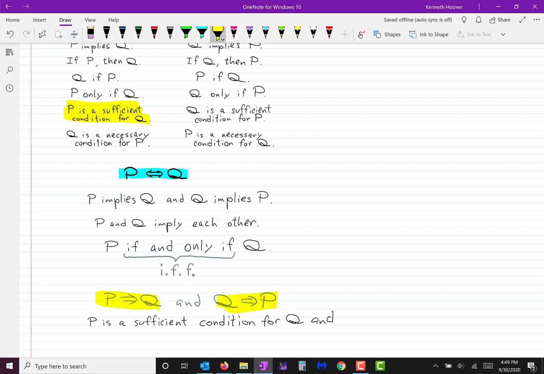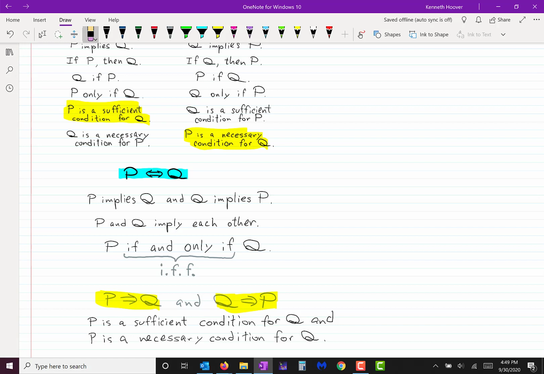And then for this half, let's use the necessary translation. So it would say, and P is a necessary condition for Q. Now that's a hugely long sentence, right?